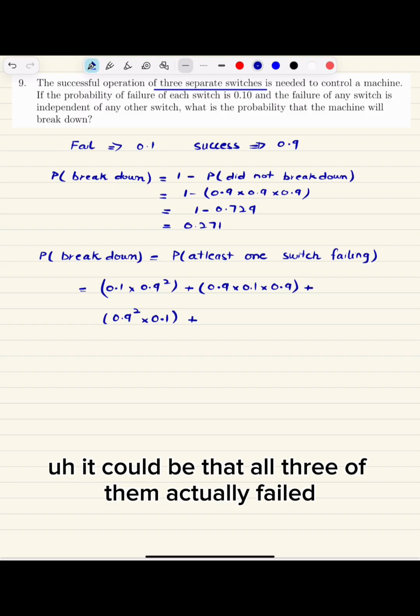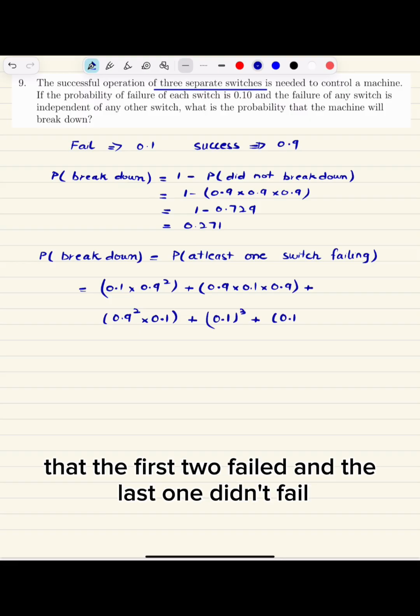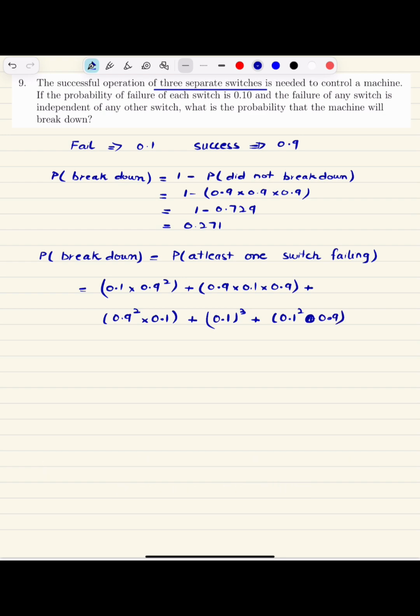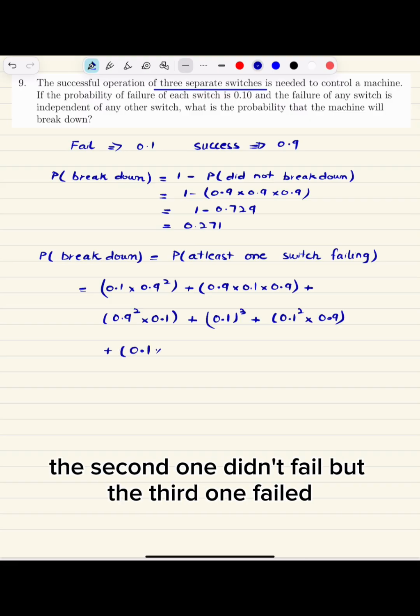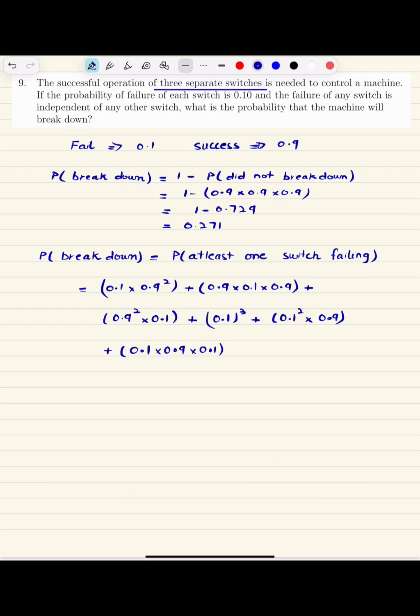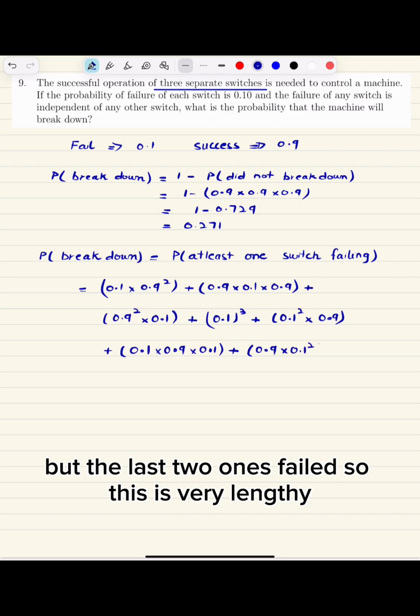It could be that all 3 of them failed, or the first 2 failed and the last one didn't. Or the first one failed, the second one didn't fail, but the third one failed. Or the first one didn't fail, but the last 2 failed. So this is very lengthy.